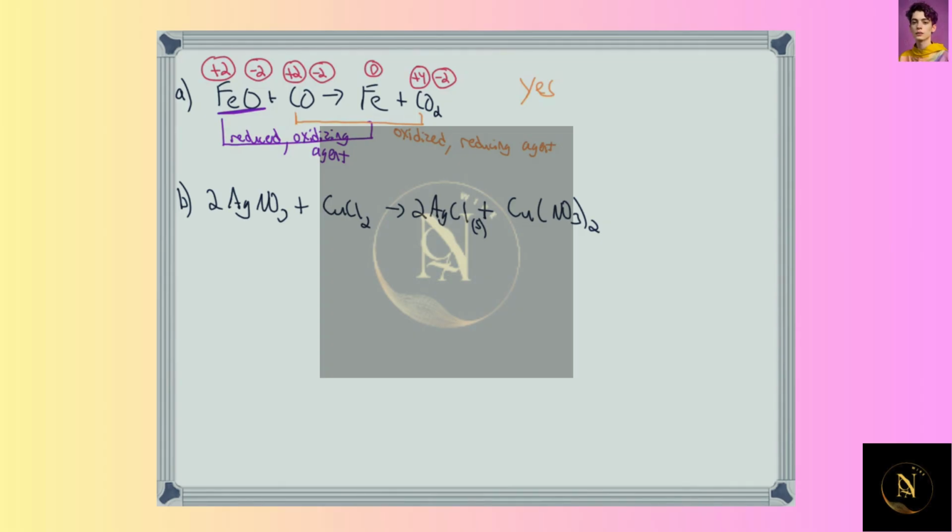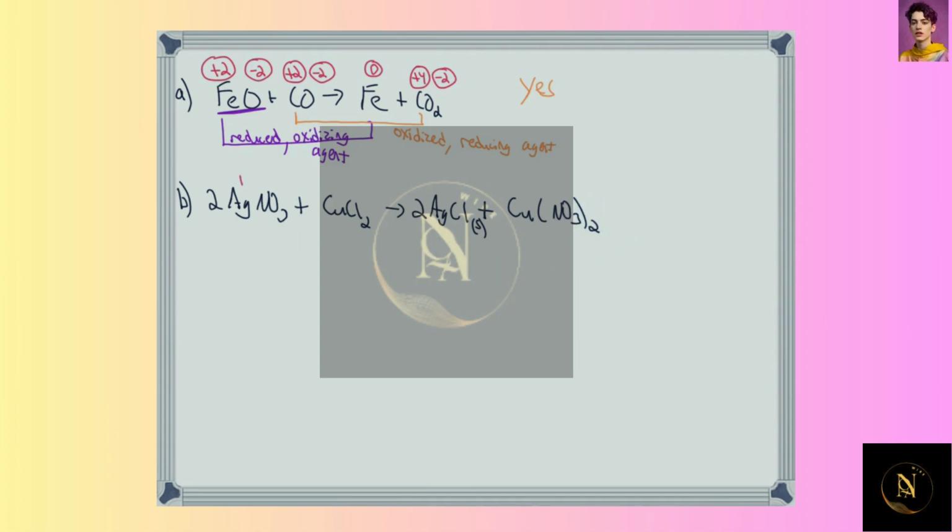In a precipitation reaction, there's no change in oxidation states. Everything in nitrate, nitrogen and oxygen, stays with its original oxidation state if the nitrogen and oxygen stay together as nitrate. So there's no change in oxidation state with nitrogen or oxygen because it's nitrate here and nitrate here.